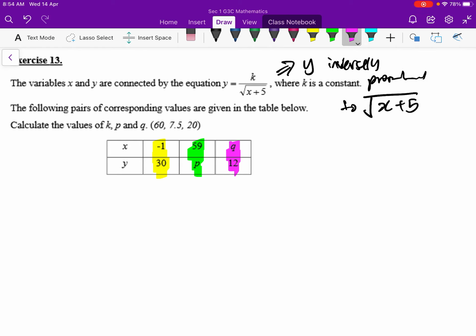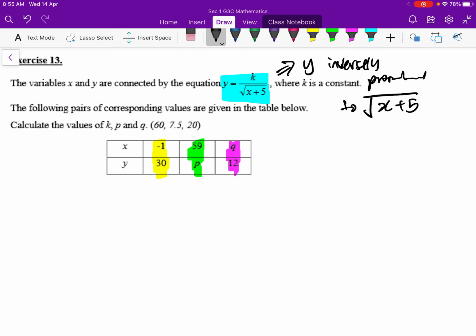With this formula given to us, there are 3 unknowns. Out of the 3 unknowns, 2 are variables, 1 is a constant. The constant is k. Now of the 3 pairs of coordinates given, only the yellow one is complete. So we would want to substitute the yellow pair of coordinates into our equation.